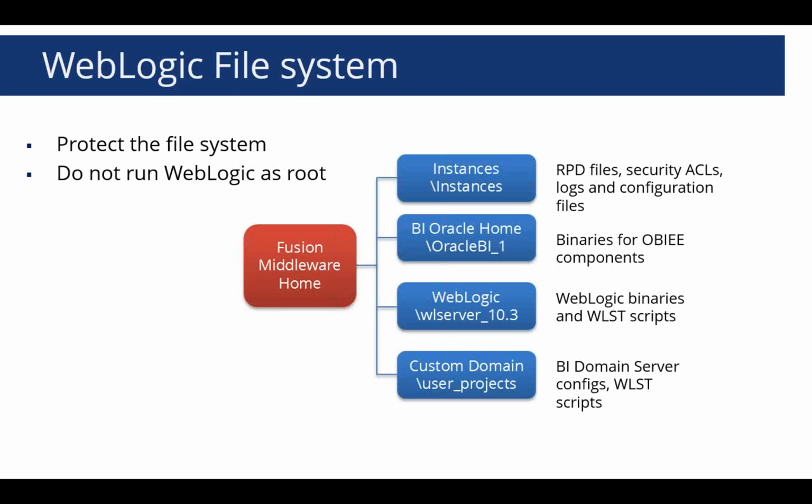So when assessing the security, it's very important to be clear as to who has access. More importantly, when you are running Weblogic, you want to make sure that you're not running Weblogic as a privileged user. In the accompanying white paper we have with this presentation, we do have some specific hints and best practices with regard to how to protect the file system and also how to run Weblogic.